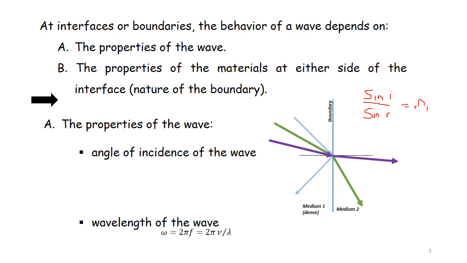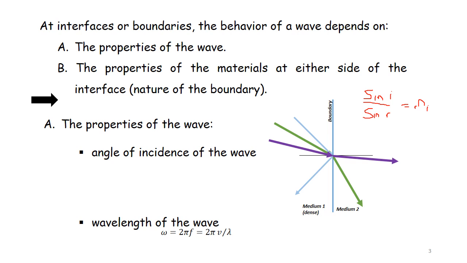So no matter what, if the pair is kept constant, maybe just glass and water, or glass and air, or air and water, as i changes, the behavior here changes.